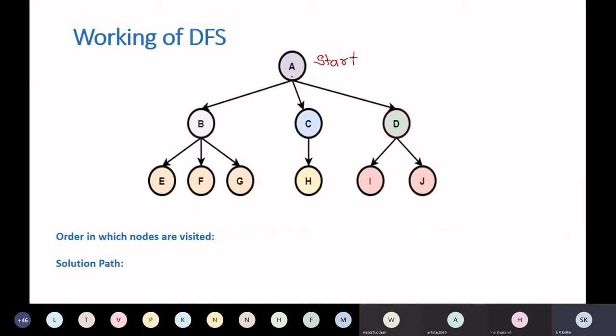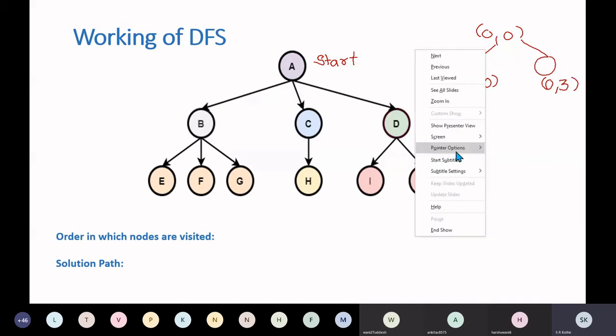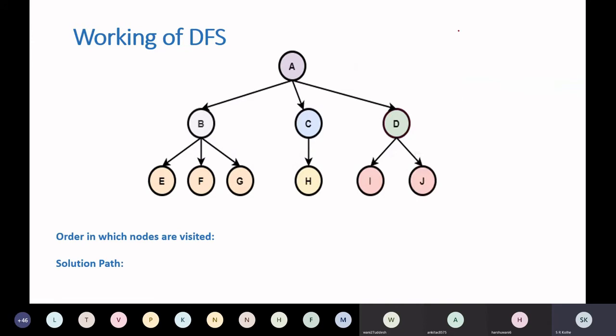If 0 0 is your starting state, either you can apply a rule that fills the 4-gallon jug, that is 4 0, or you can fill the 3-gallon jug. Only two possibilities are there. But in this case, there are three possibilities, three rules can be applied.